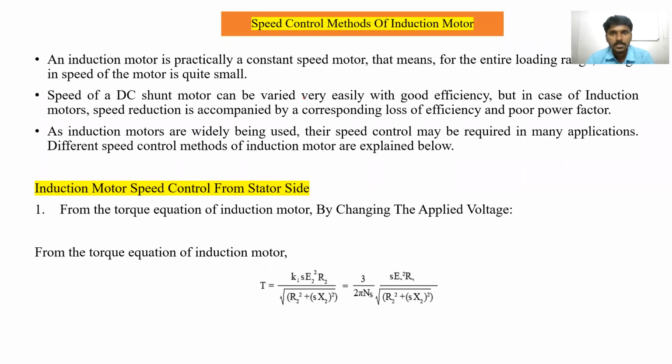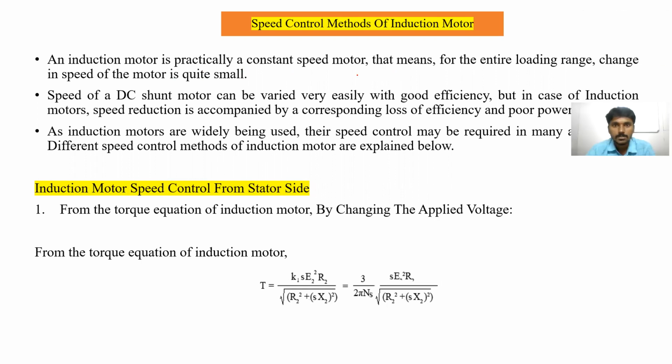So, speed control methods of induction motor. An induction motor is practically a constant speed motor. That means for the entire loading range, the change in speed of the motor is quite small. Clear?